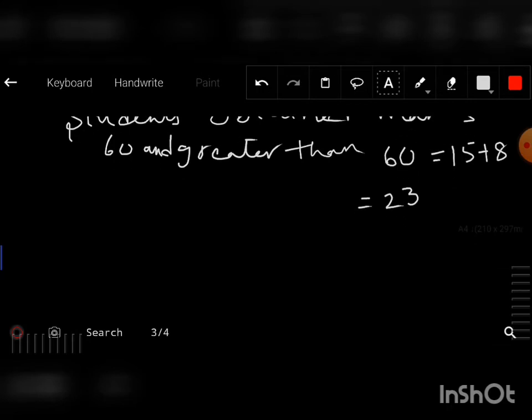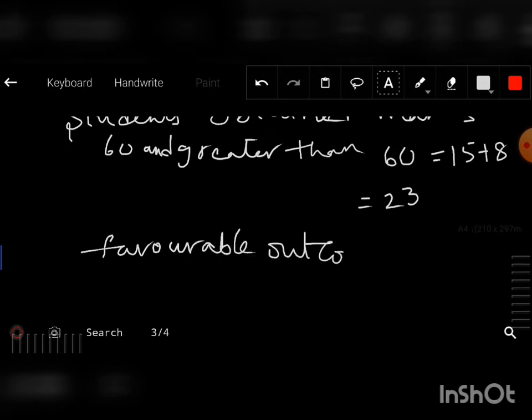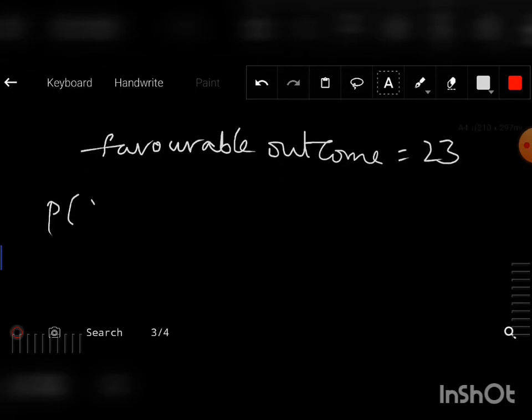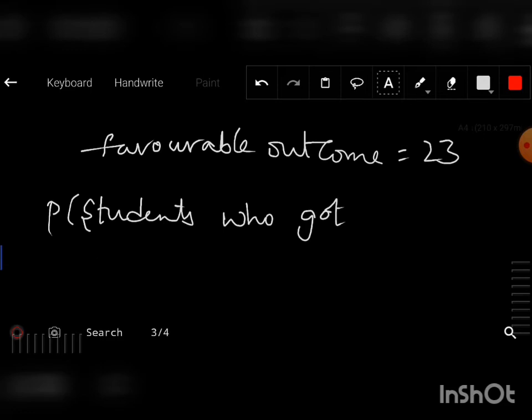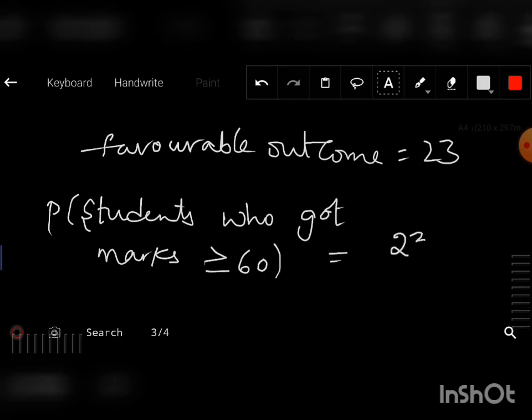So the favorable outcome is 23 here. Probability of students who got marks greater than or equal to 60 equals favorable outcome by total outcome, that is 23 by 90.